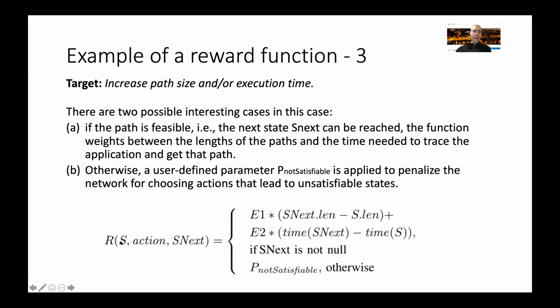So, given a path constraint state, you take an action and you obtain another path constraint, let's say next, with the new input. And the question is, how big is this path against this other path? Or how much time it took to execute that new path obtained using the new input, minus the previous; what is the delta time.